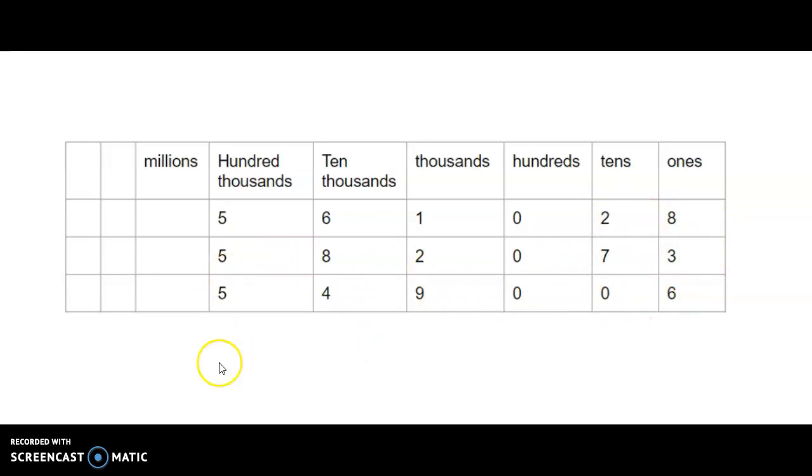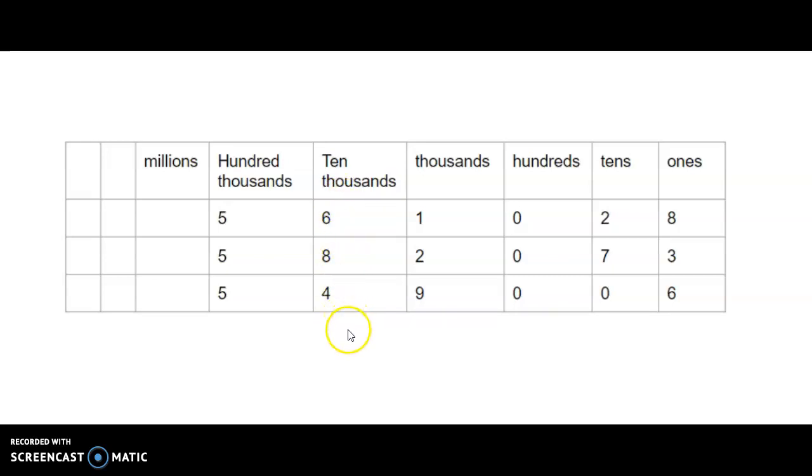So then what we do is we go to the far left. Okay, so we have 100,000s. So we look at these numbers and we see, okay, here's a 5, and a 5. They're all the same. So I need to go to the next one. 10,000s. I have a 6, an 8, and a 4. So if they want me to go from greatest to least, then I need to find the greatest number, the biggest number.